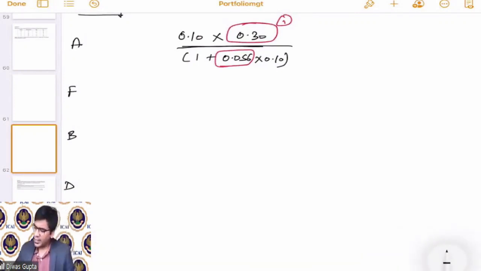If we calculate this, it comes as 0.056 multiplied by 0.1 plus 1.